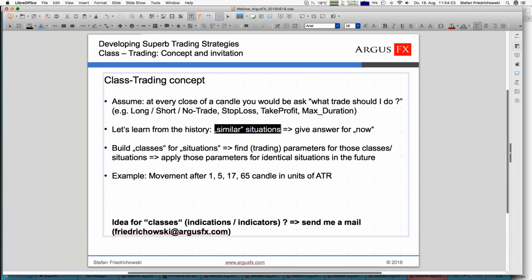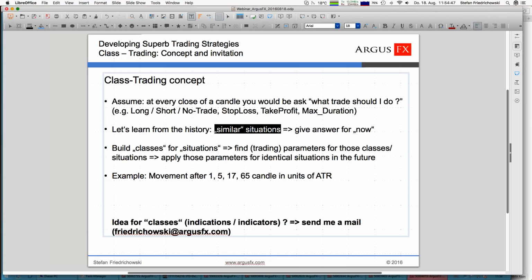Of course, yeah, that might be something, but try to think a little bit more from your personal experience about trading. You might have seen some typical situations which enable you to create profitable trades.